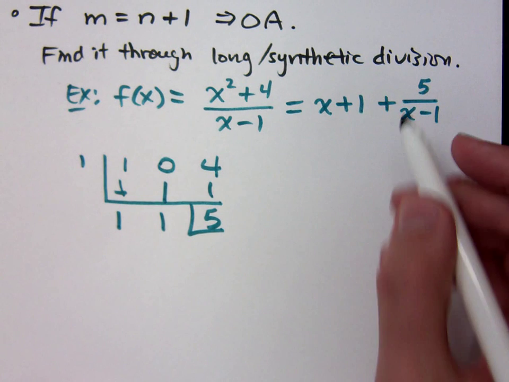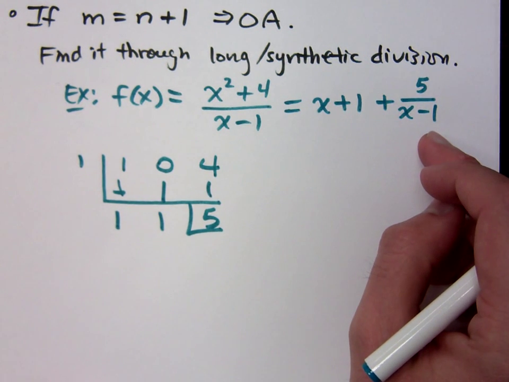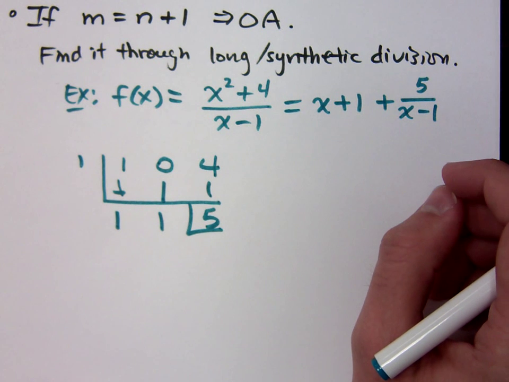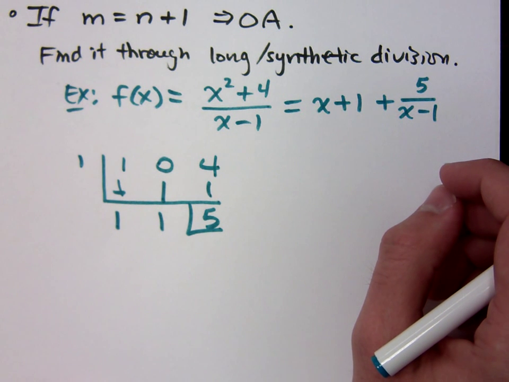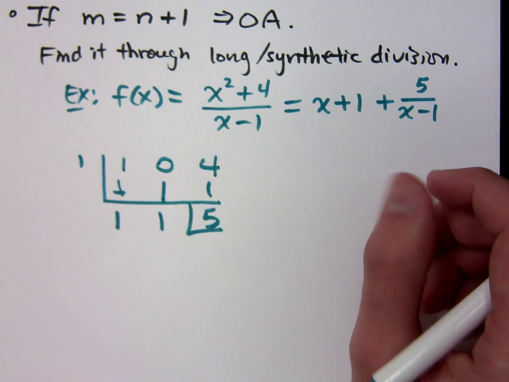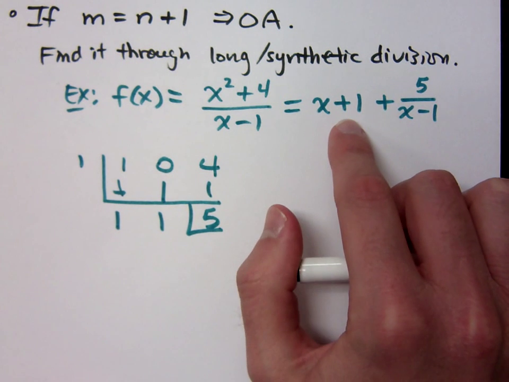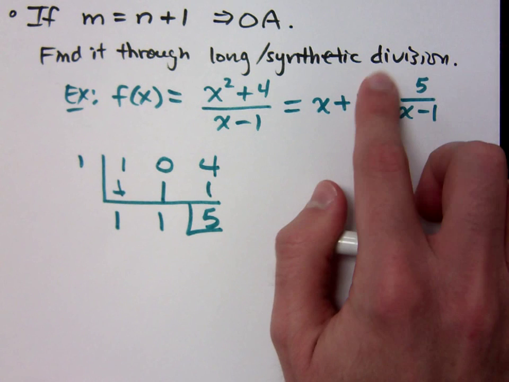As x gets really, really large, who becomes insignificant up here? As x gets really, really large, who starts to go away? The constant, negative 1. The constant's still going to be there, but what about this piece right here, this remainder piece?